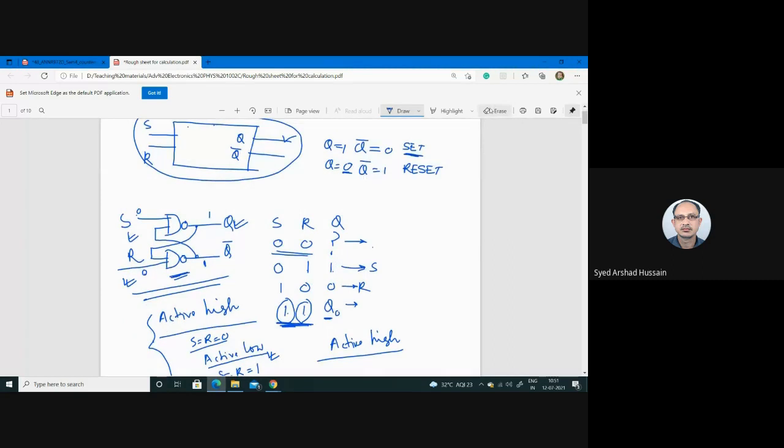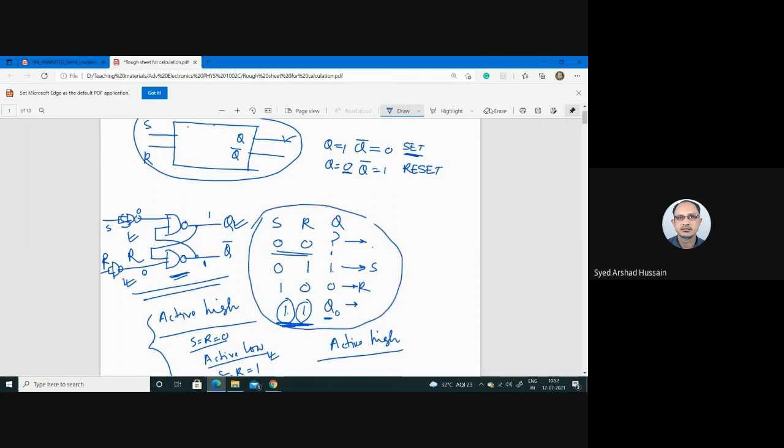Simply, how you can achieve it: you put NAND gates as NOT gates here and here, and then S R. Now you check the function table. You simply add two NAND gates at the inputs of your circuit, then check the table, and you will see that this table is reversed.